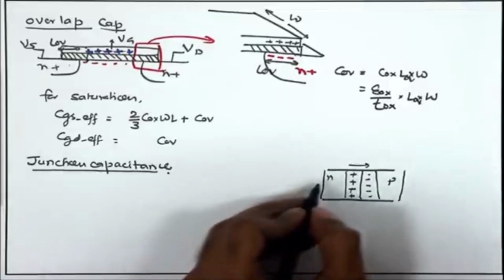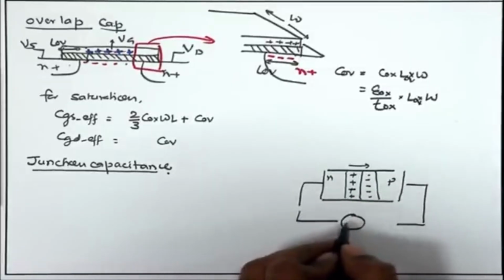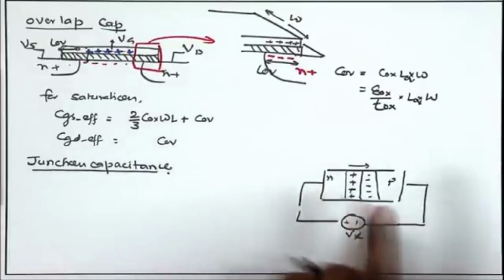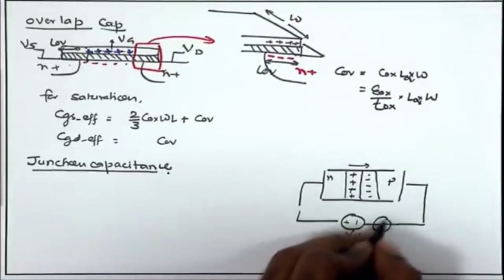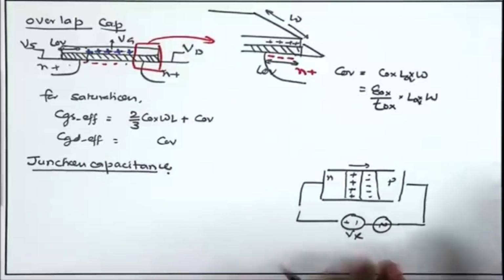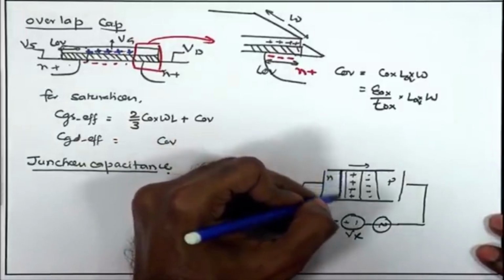If you apply a DC reverse bias, say VR, and on top of this you apply some AC signal trying to change VR, either making it a little bit more positive or a little bit more negative, the result is expansion and compression of this depletion region.